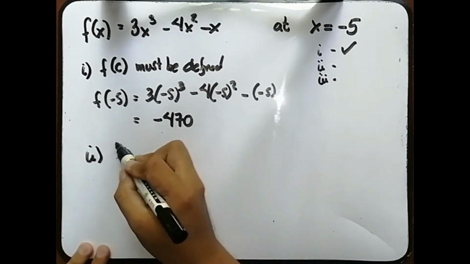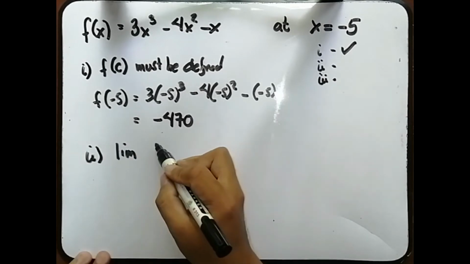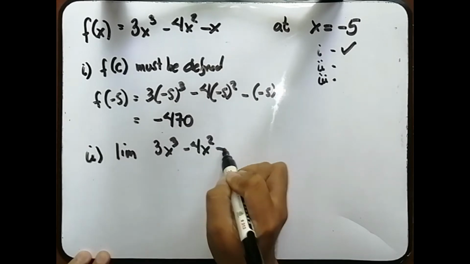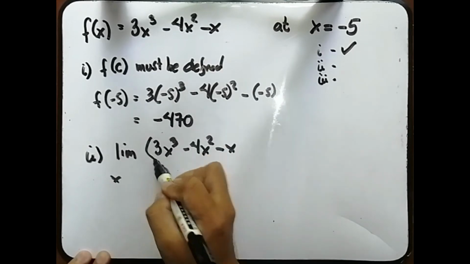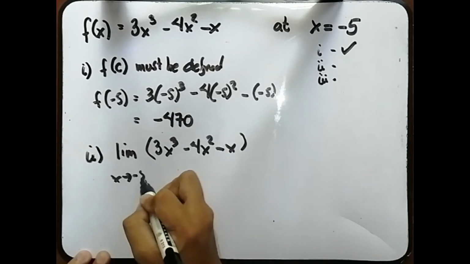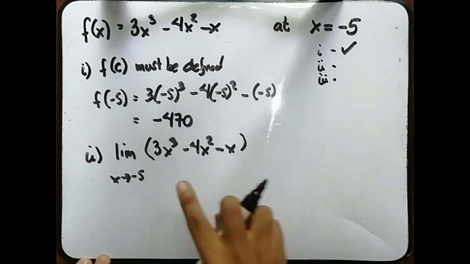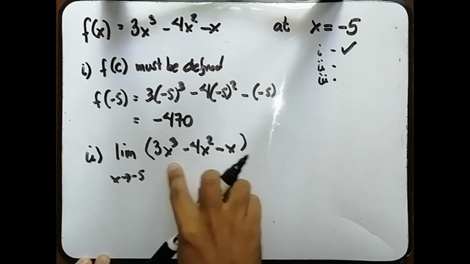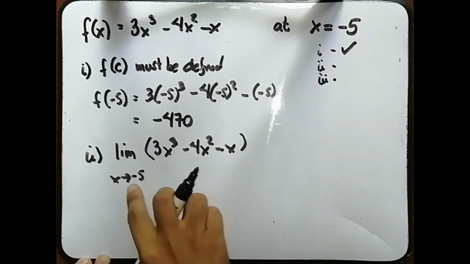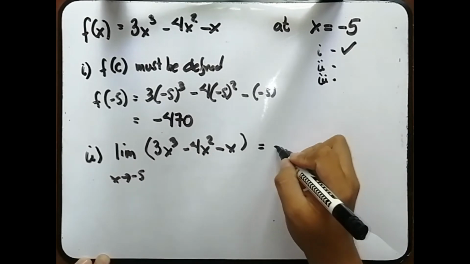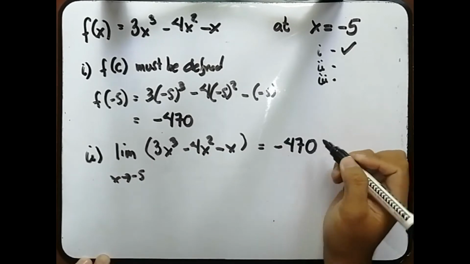Next criterion, the limit of 3x cubed minus 4x squared minus x as x approaches negative 5 must also be defined. But since this is a polynomial, pwede lang nating ipasok si negative 5, which is equal to negative 470.